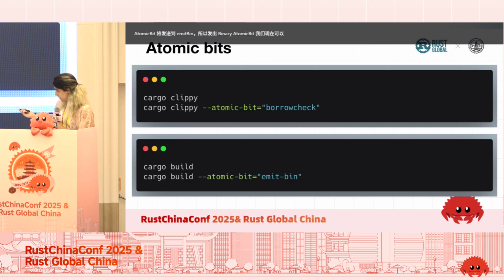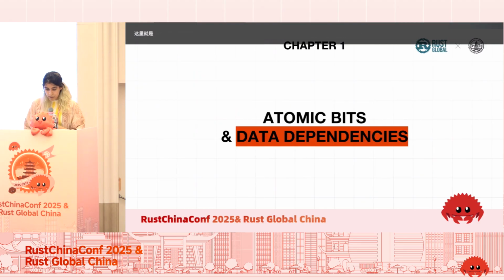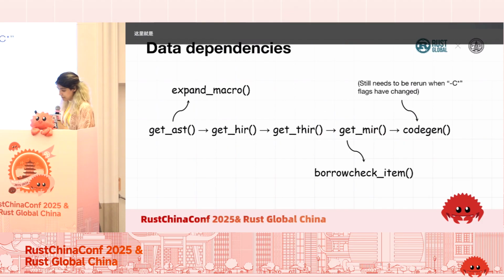And here's where data dependencies come in. Well, we can extract what stage the compiler goes up to via atomic bits. Not all information can be extracted this way, because that's just redoing compiler flags all over again, and it defeats the purpose, and it's kind of useless.